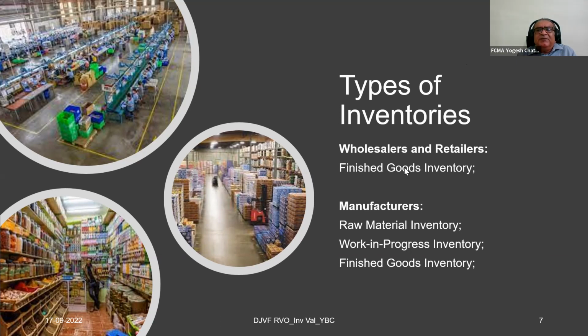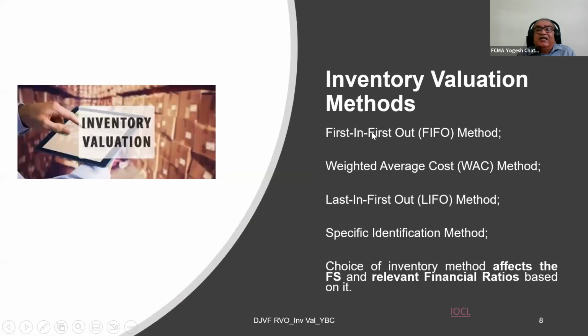These are the types of inventory and inventory valuation methods. There are different inventory valuation methods like the FIFO method, that is first in, first out, the weighted average cost method, last in, first out, that is the LIFO method, and the specific identification method.